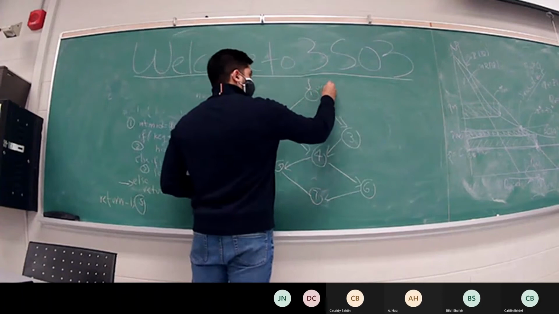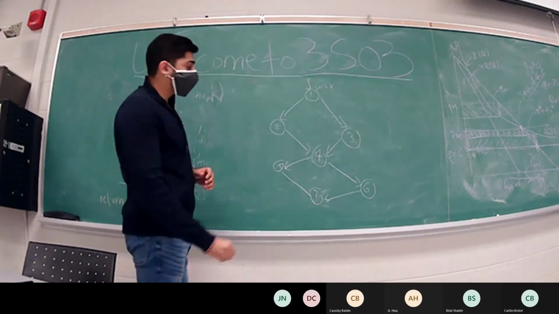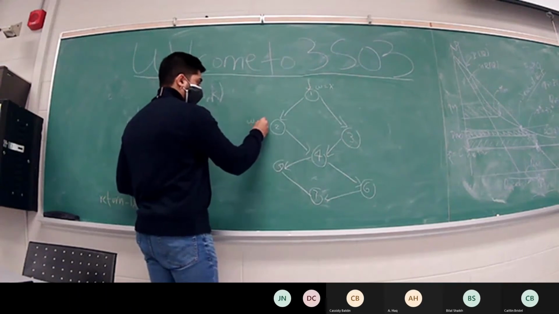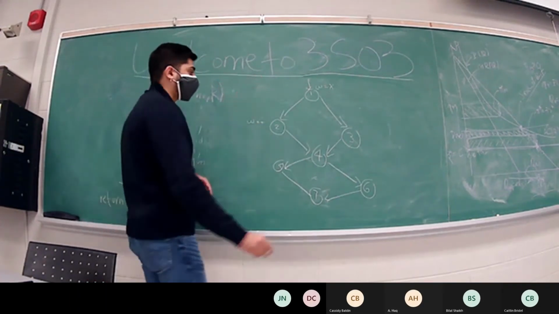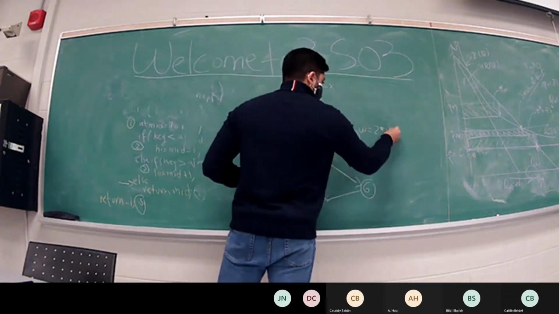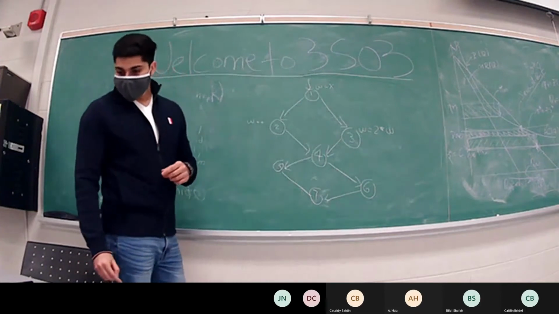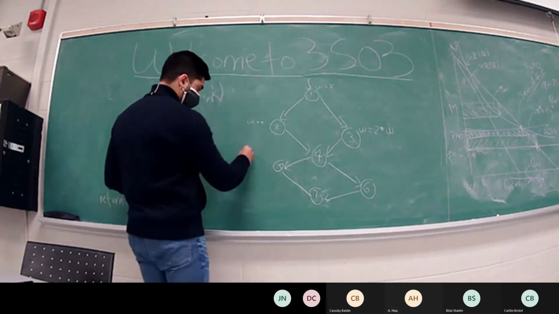So at this node, we have some variable w equals x. At node 2, we have w is incremented. So these are the statements you can imagine in your program. And at node 3, we have w equals 2 times w. And at node 5, we have x is 5 times y.